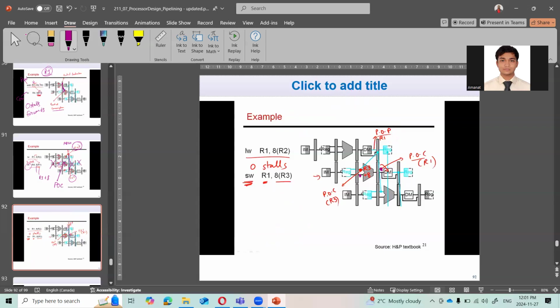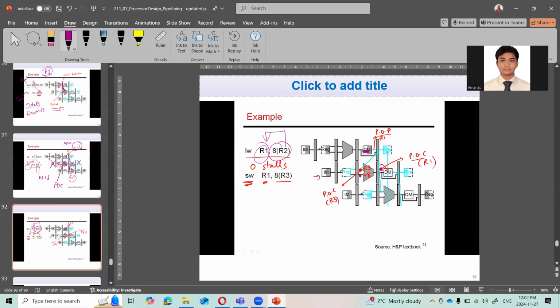Yes, I can repeat. So R1, right? Load gets a value from memory and puts it in R1. But when do we know what the value is? We know the value when we access it from memory here, right?